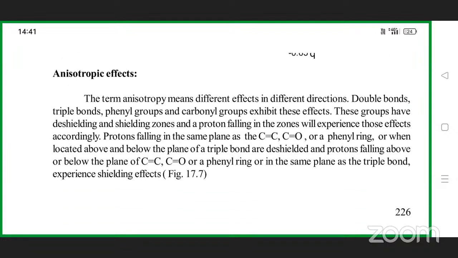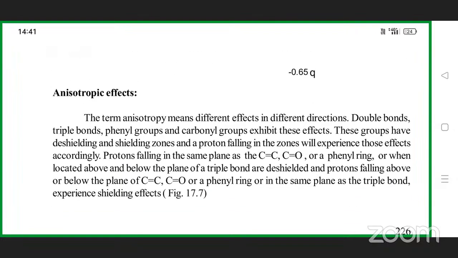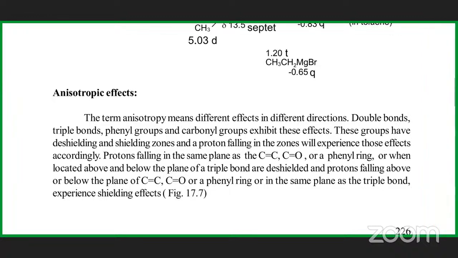And the anisotropic effect, a very, very important question here. Generally the anisotropic effect is also one of the factors causing changes in the delta values, the chemical shift values. The term anisotropic effect means different effects in different directions.